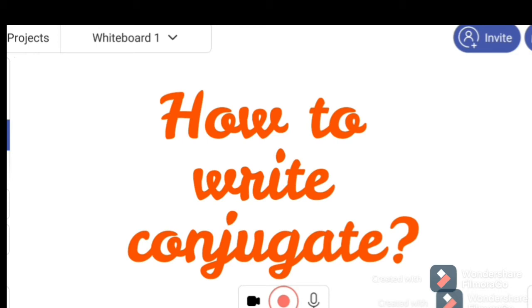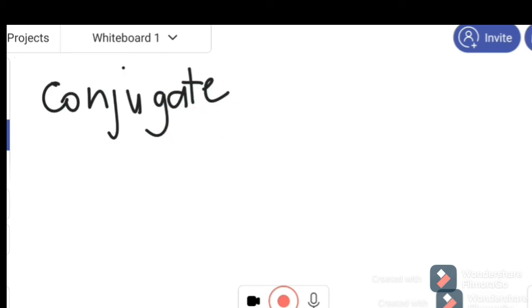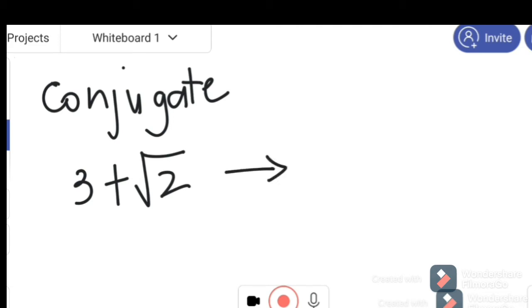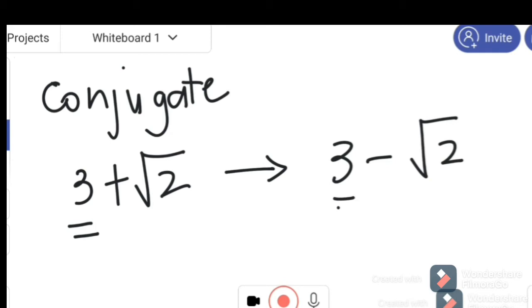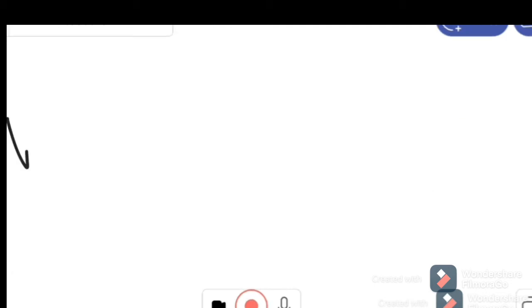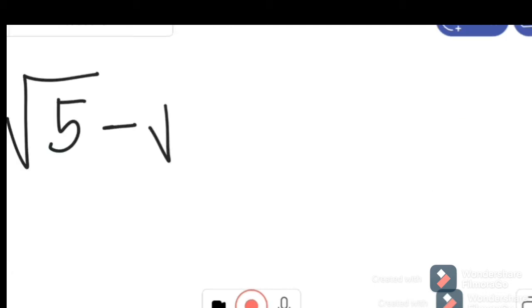A conjugate is a factor with the opposite sign but the same first and second given terms. Let's have an example of a conjugate. We have 3 plus the square root of 2. Its conjugate is 3 minus the square root of 2. Again, they have the same first term, the same second term, but opposite operations. Given is the square root of 5 minus the square root of 3.